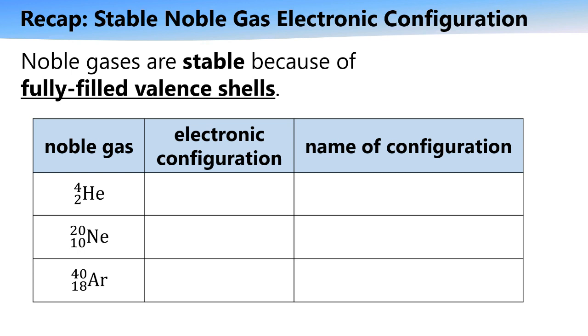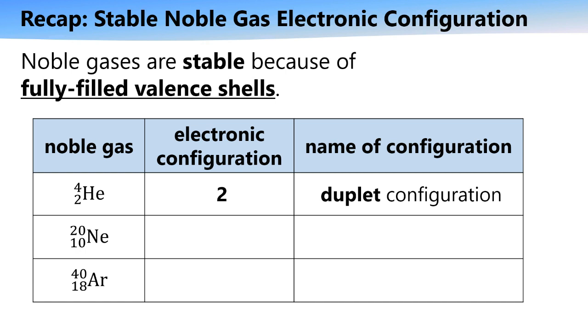Helium, if you look at the proton number, has 2 electrons total, and therefore the electronic configuration would be 2. And because it has 2 valence electrons in its outermost shell, we call it a duplet configuration.